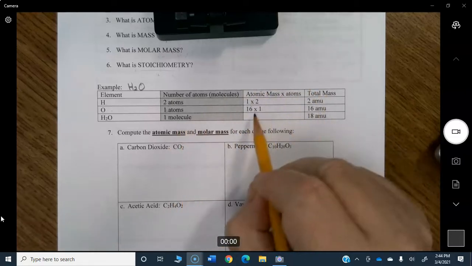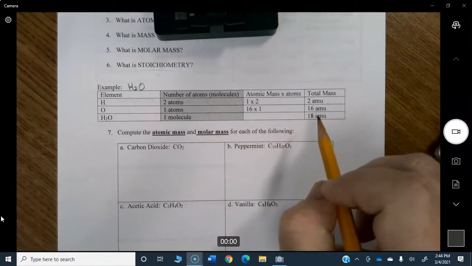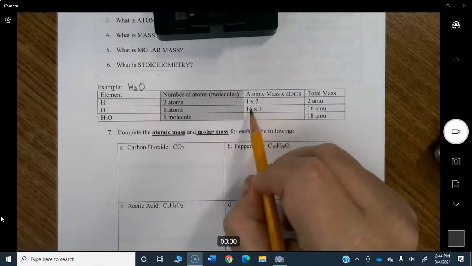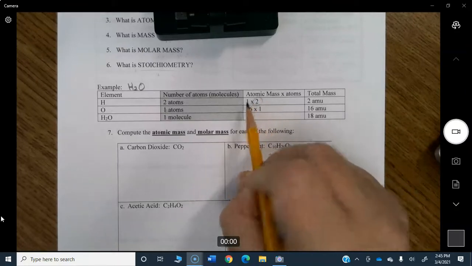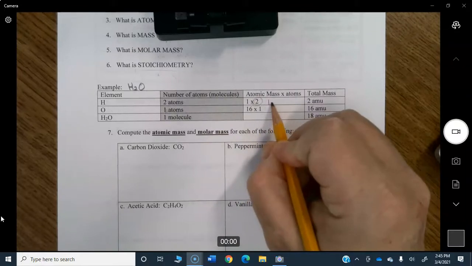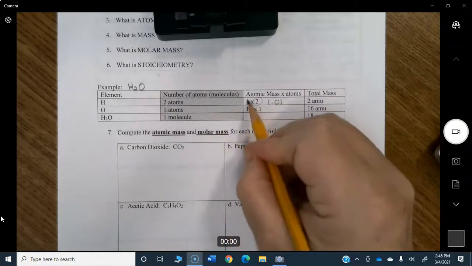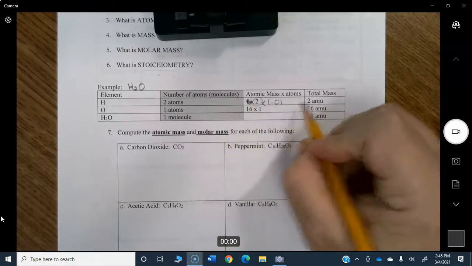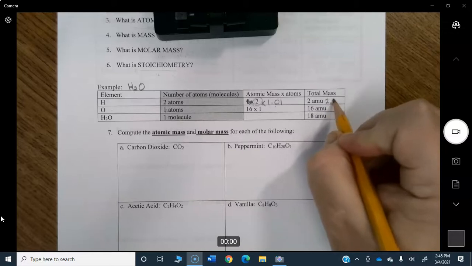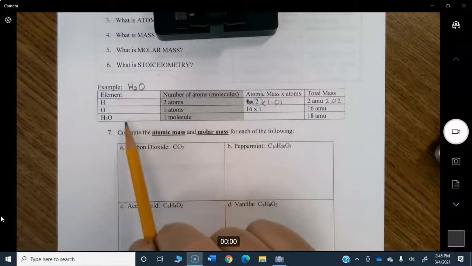Now if you come over here, you have the 2 atoms of hydrogen, and there's the mass. Now it really should be 1.01. When I teach regular chem, sometimes I round it to a whole number, so I'm going to scratch that out. So it's 2 times 1.01, and that's going to be 2.02. So that's the mass of the hydrogen that's in a water molecule.